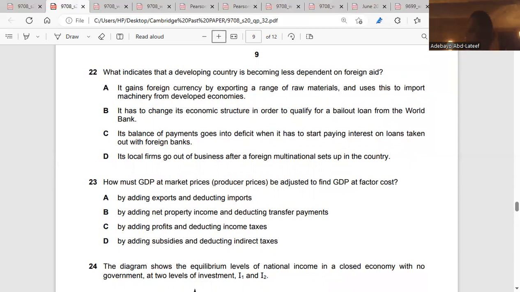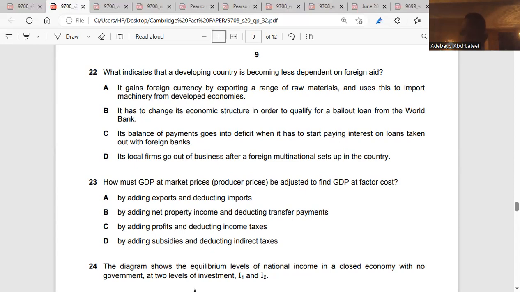At that point in time, they will be less dependent on foreign companies or foreign businesses. You get it? So the answer is A. It gains foreign currency by exporting a range of raw materials and uses this to import machinery from developed economies. Instead of getting the money, they import machineries.